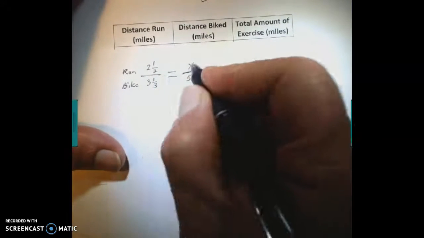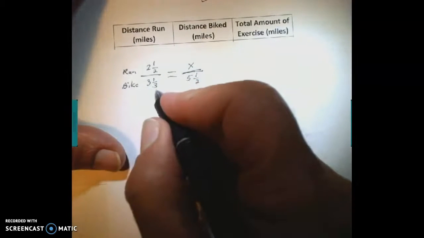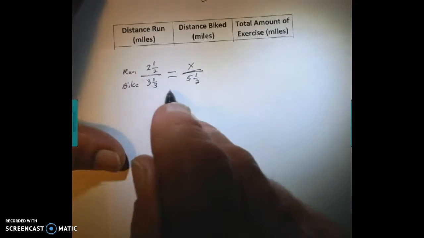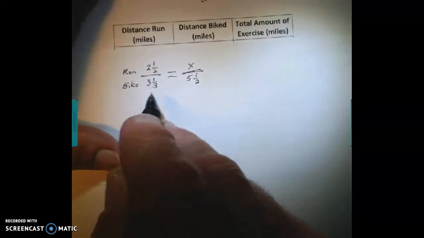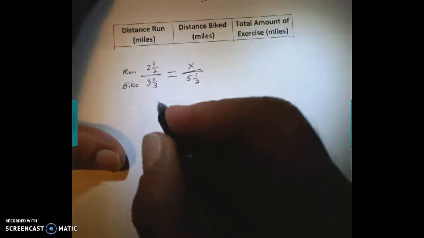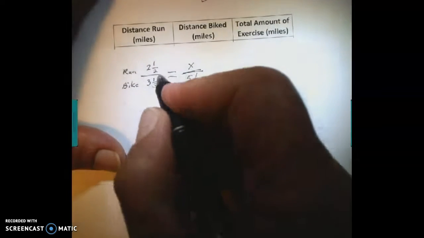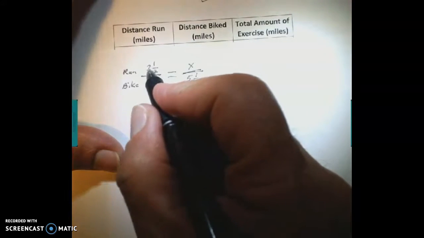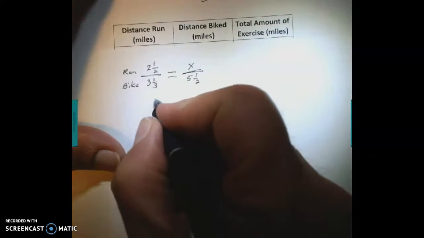Okay, again, you want to cross multiply. I'm going to go ahead and stop right now and change these into improper fractions because we're going to do a lot of multiplying. We need them written as improper fractions or fractions greater than 1. So this top one, 2 times 2 is 4 plus the 1.